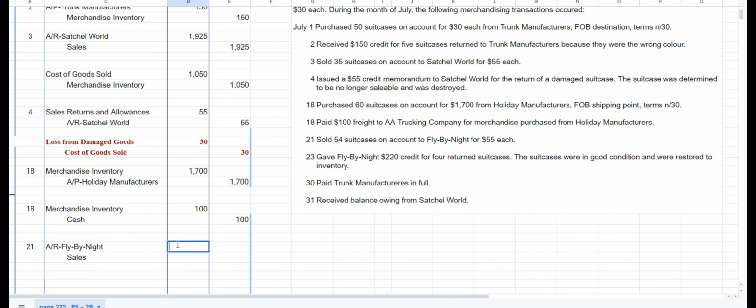And this time it's saying the amount for each suitcase, which is $55 for 54 suitcases. If you multiply that together, the total is $2,916.